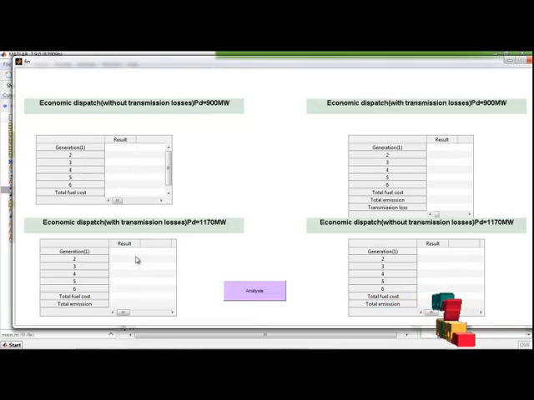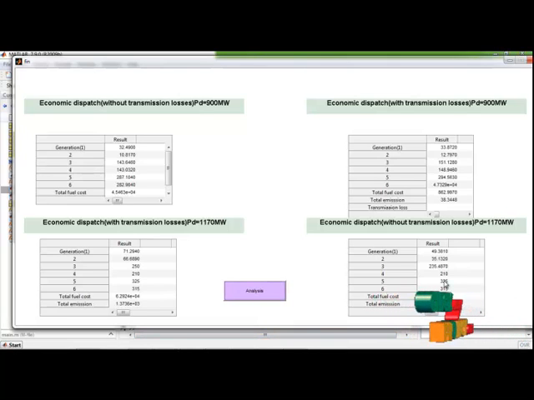The next one is the economic dispatch with transmission losses, where we change the power demand to 1170 megawatt, and the same for the last table, economic dispatch without transmission losses, for 1170 megawatt power demand. Click the analyze button.